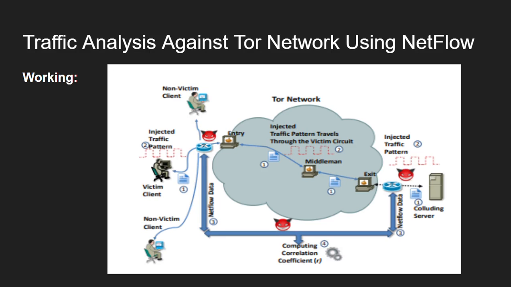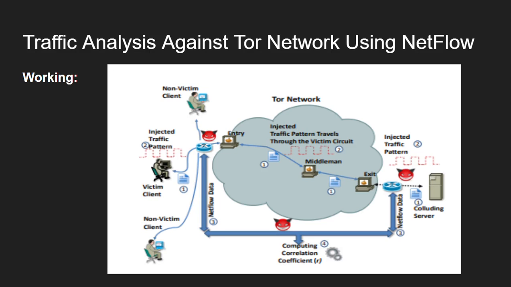We have already discussed that we will get to know about the entry node based on throughput fingerprinting. Now, after getting this information, it is possible that the traffic flow statistics between the entry node and the client are not properly aligned with those of the traffic statistics between the exit and the server.